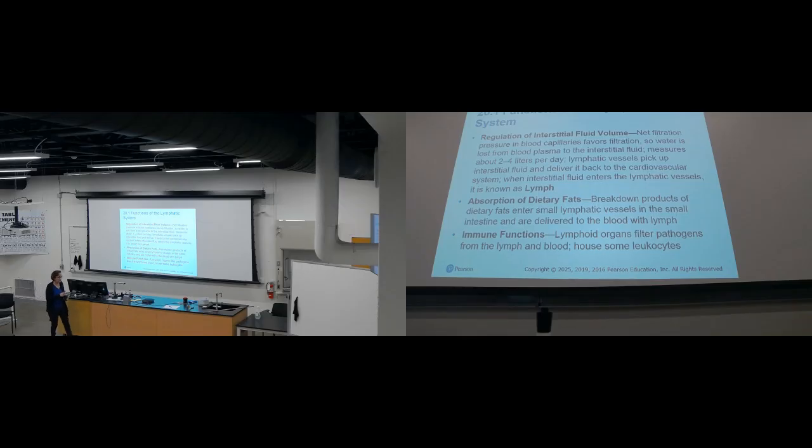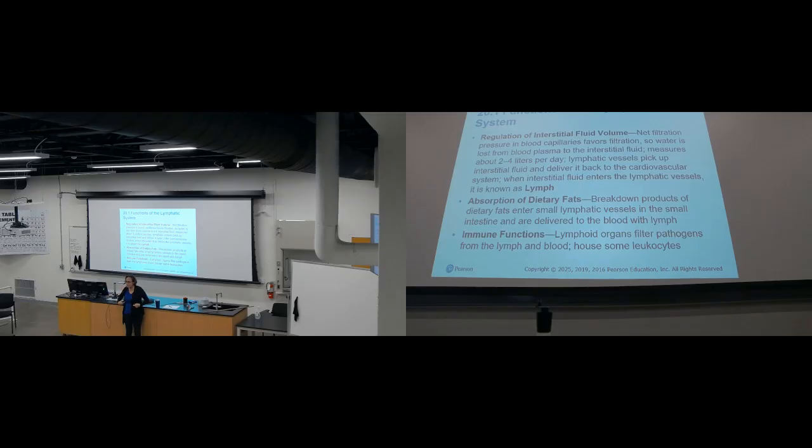Now, we also have another function of the lymphatic system, which is to pick up nutrients. Inside our enterocytes, which are the cells located in the small intestine, we have villi, finger-like projections, that inside have lacteals.